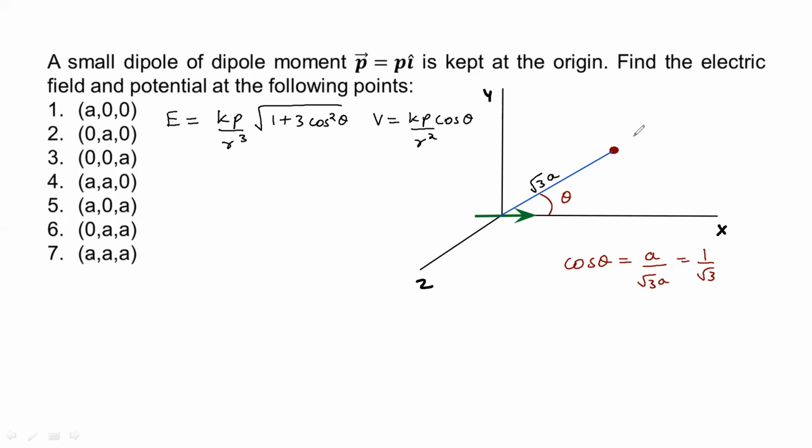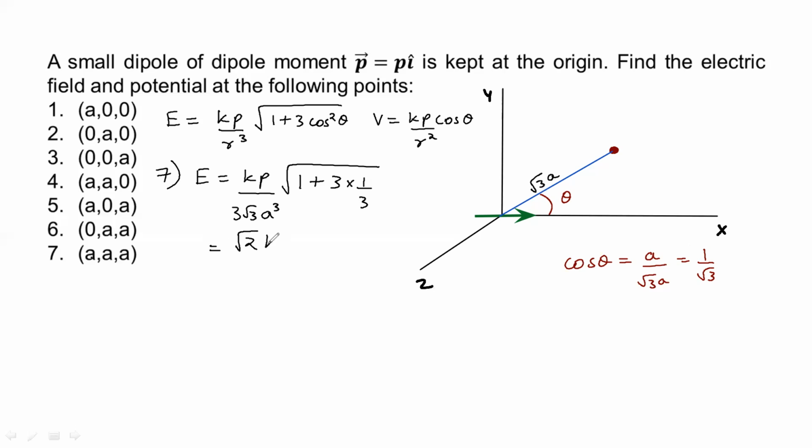And you can see that the value of r is root 3a. So let's just plug it in. Question number 7. E is equal to kp by 3 root 3 a cube times root of 1 plus 3 times cos square theta, where cos square theta would be 1 over 3. So what's the final answer?